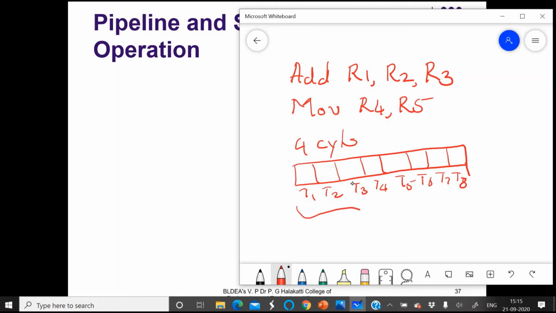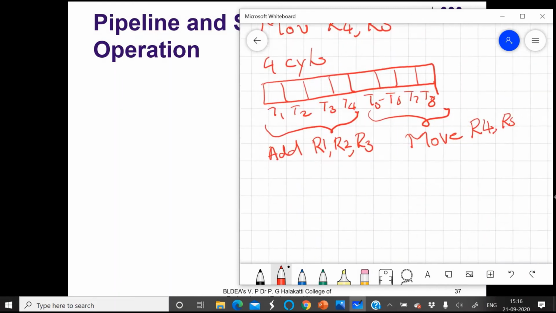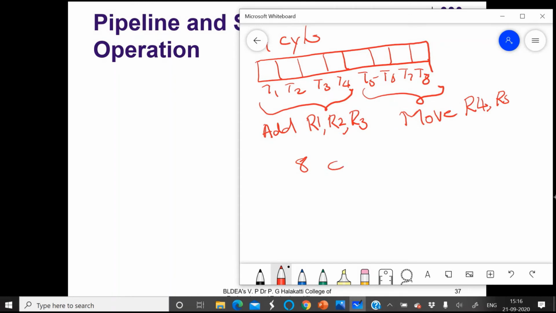So the first 4 cycles will be taken by the first instruction, that is add R1, R2, R3, and the next 4 cycles will be taken by the next instruction, that is move R4, R5. So in total, 8 cycles are required to complete 2 operations.